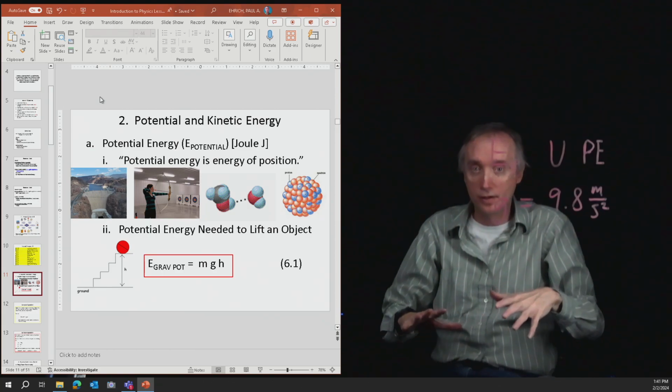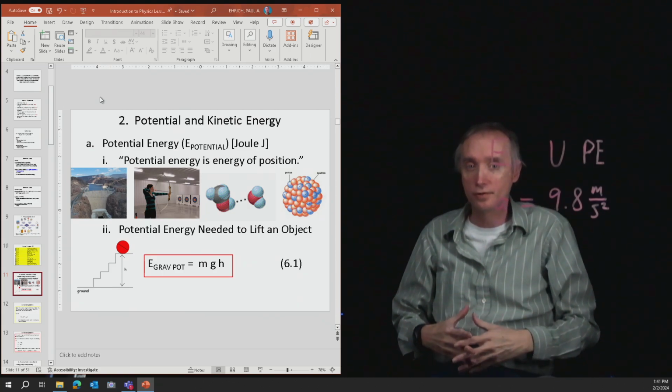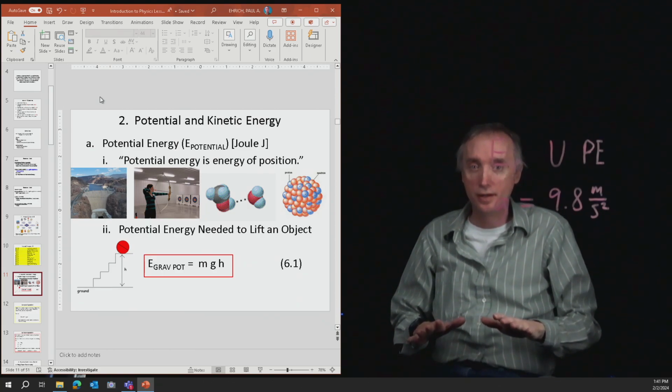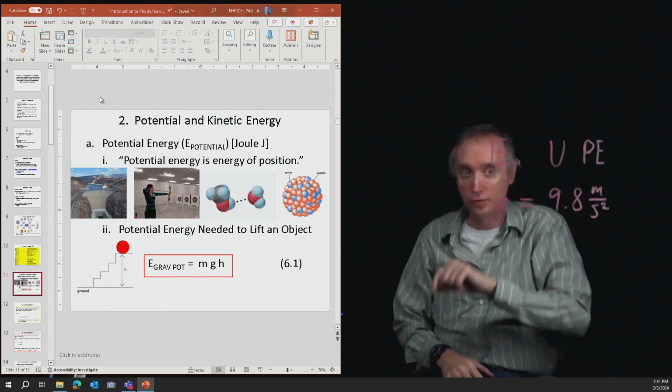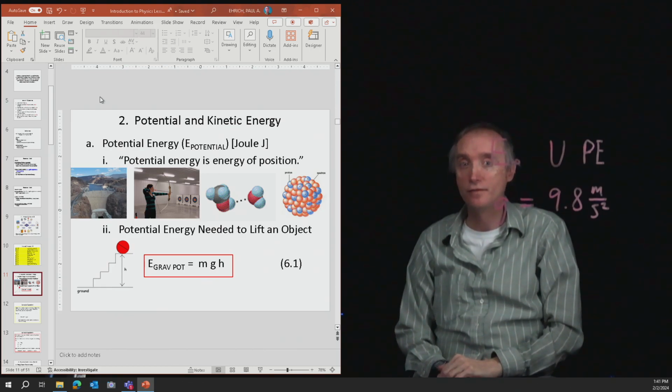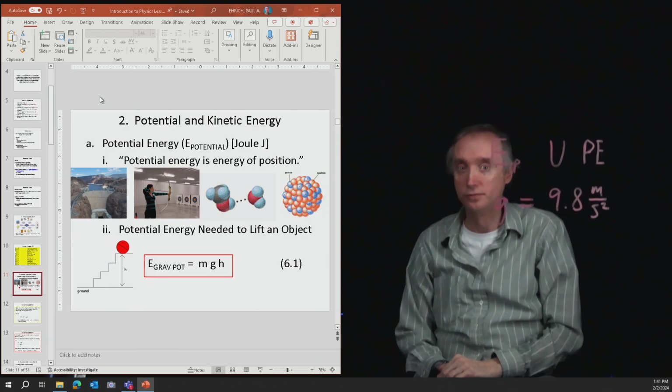Now, the formula for spring potential energy, we're not going to do it. But it's different than that formula there for gravitational potential energy.